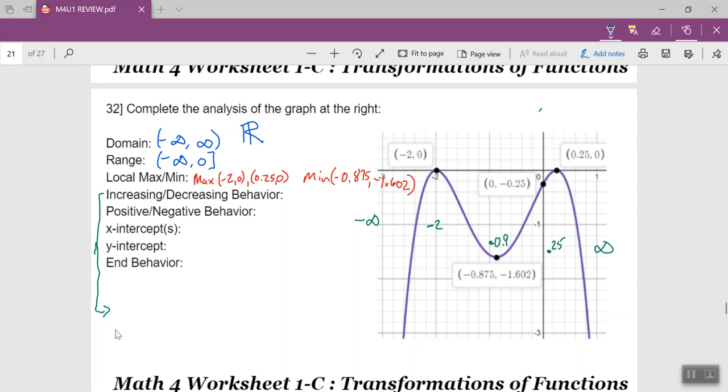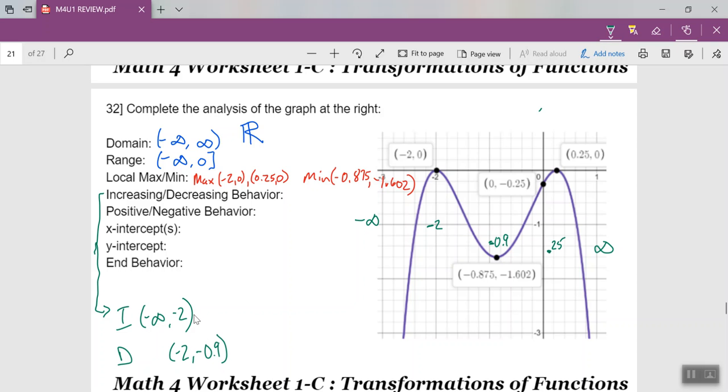I figured I'd bring the increasing and decreasing down here, where I had a little bit more room to work with. So let's see now. The increasing is going to happen from negative infinity to -2, and then it's going to be decreasing from -2 all the way to negative 0.875.